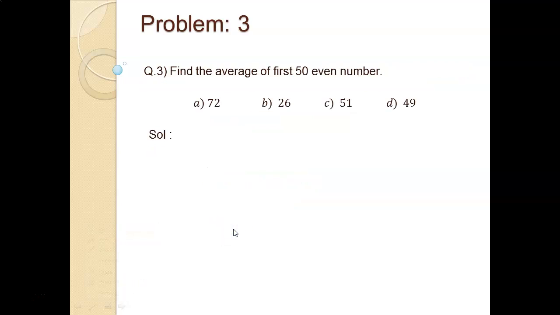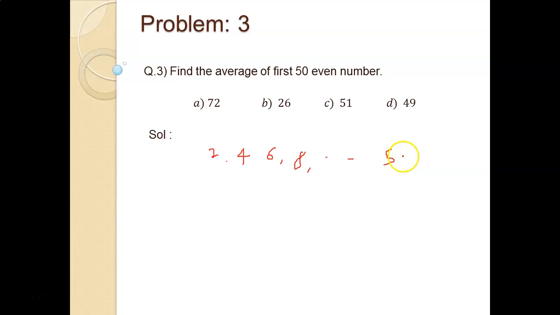Next, problem number 3: find the average of the first 50 even numbers, and there are 4 options given. So let us see what is the right answer. Now the even numbers start from 2, 4, 6, 8, up to the last even number, 50.